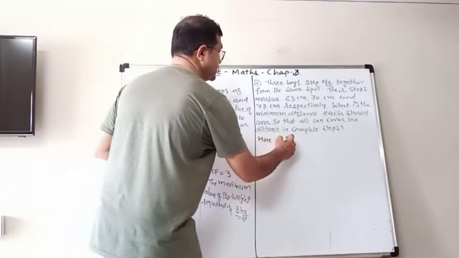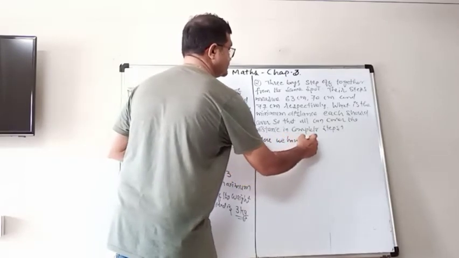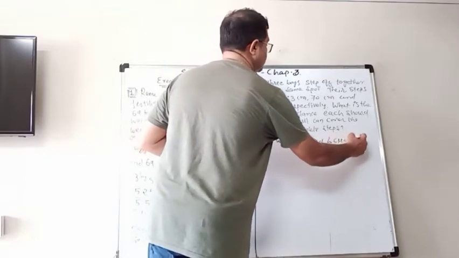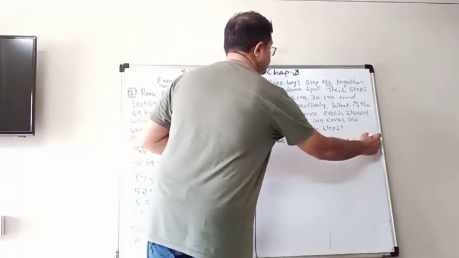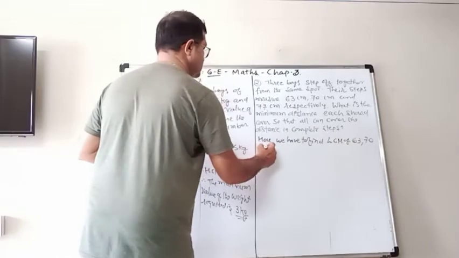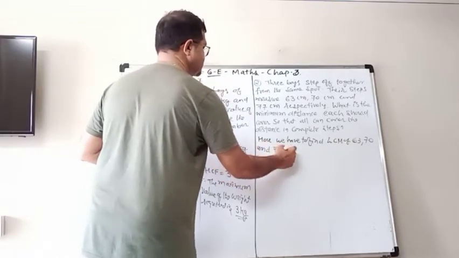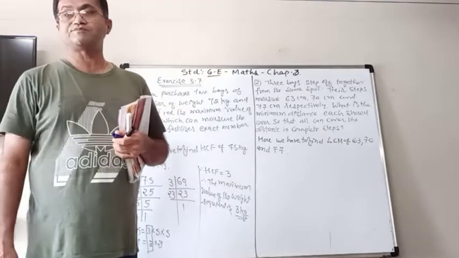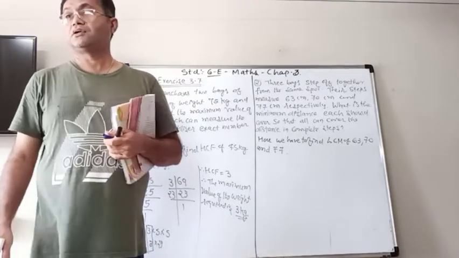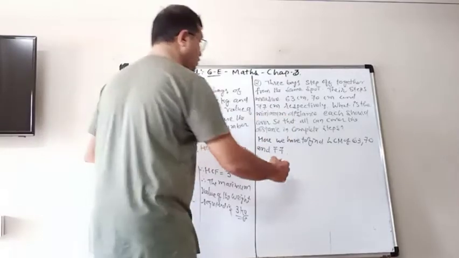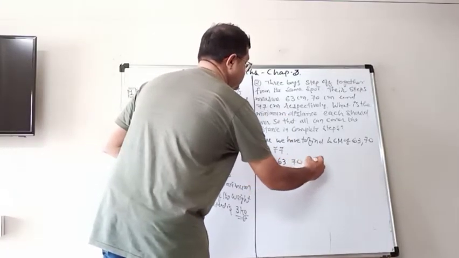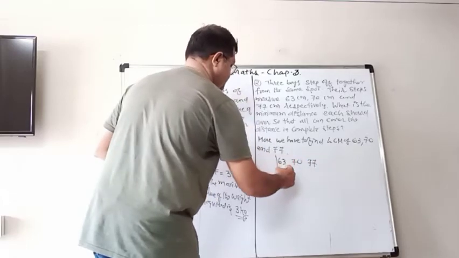Here we have to find the LCM of 63, 70 and 77. Now we know that to find the LCM, we have to write them all together in one row: 63, 70 and 77.